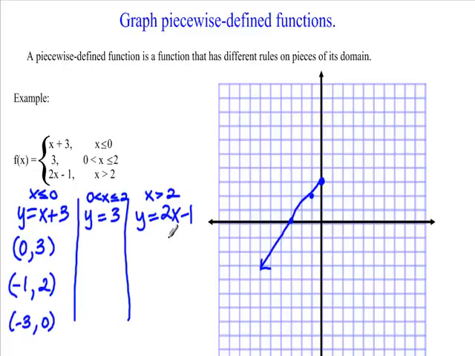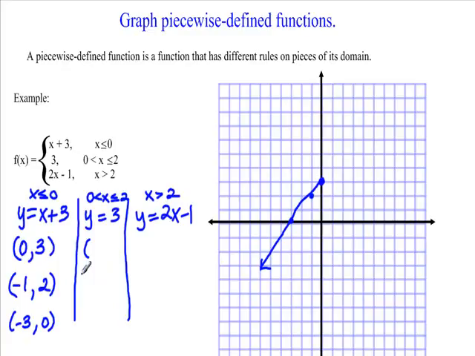Now between the 0 and the 2, my y value is simply 3. Now I'm going to kind of contradict what I just said. I said to include values of x that are in the specified domain. Well, I actually have to include the endpoints, because notice that x is greater than 0, but numbers greater than 0 would be something like 0.01, 0.0005.